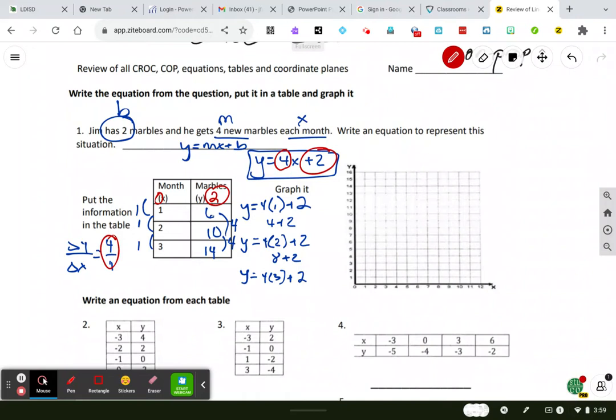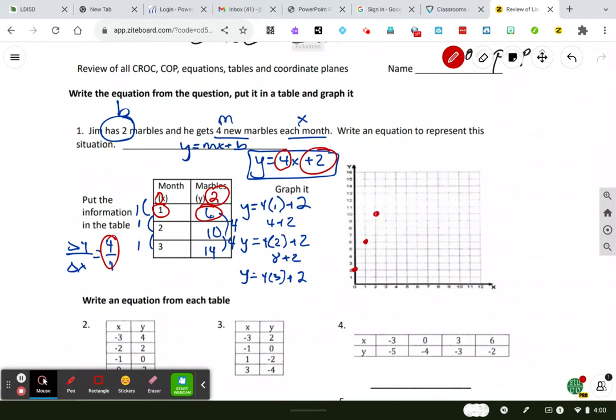So what we've got here is we've got our x-axis and we've got our y-axis. So let's use these coordinates. If I did 0, I've got 2. If I've got 1, I've got 6. So over 1, up 6. Over 2, up 10.